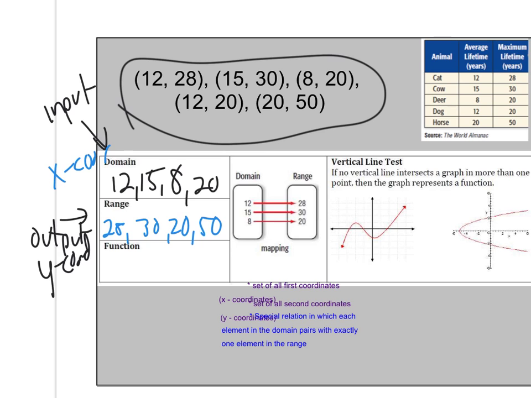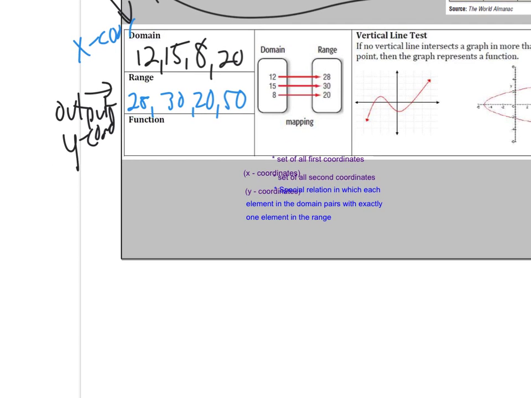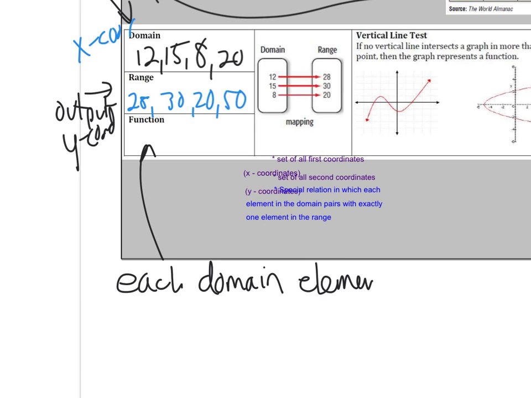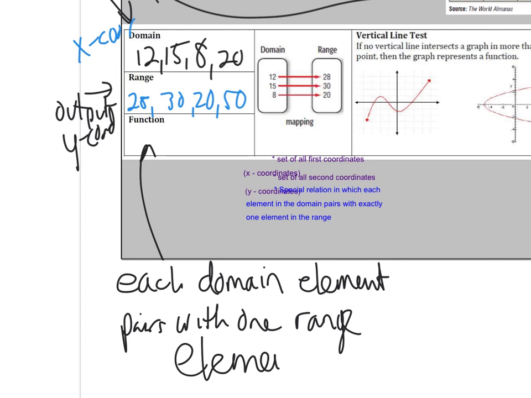And if something is a function, it's got a very, very specific situation. Each domain element, each thing in the domain, pairs with one range element. And here's what that means.